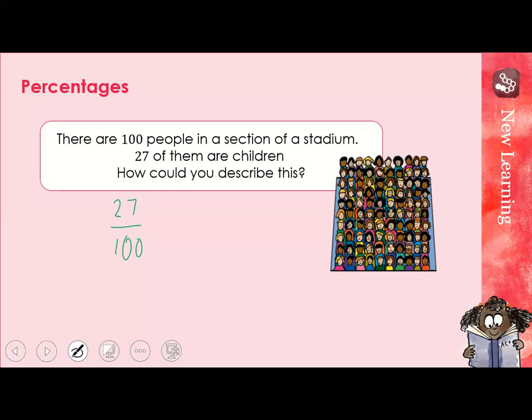You could say that there are 27 children and 73 adults out of the 100 people. Lots and lots of different ways of describing it.